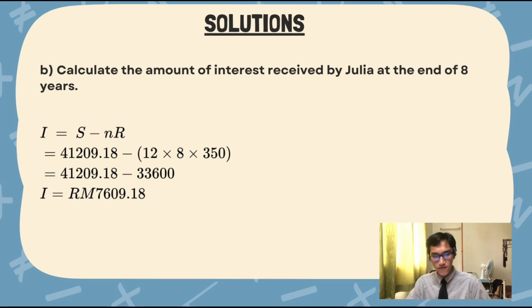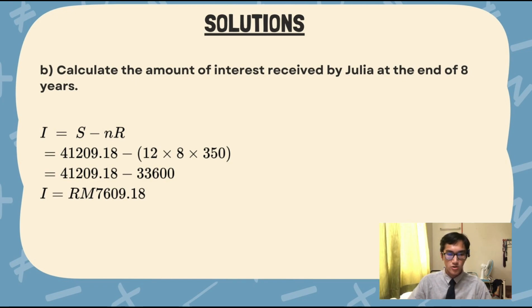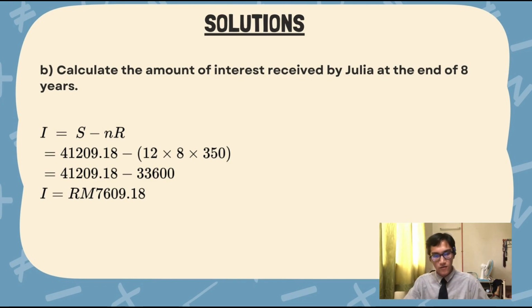We use the answer from the previous question, which is RM41,209.80, then minus the total of payments that have been calculated, which is RM33,600. Then you subtract it, and you get the amount of interest, which is RM7,609.80.